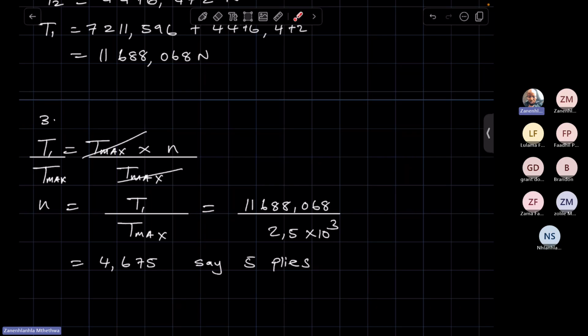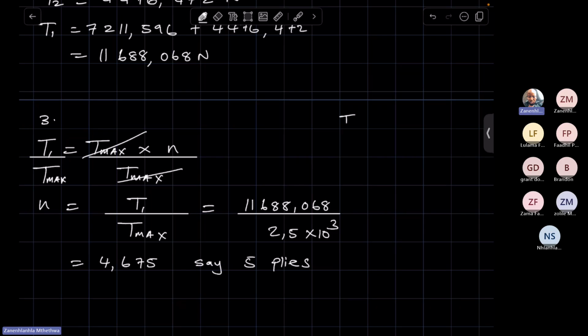So it is equal to Tmax, but it depends how Tmax has been expressed. Sometimes Tmax is expressed in terms of the maximum allowable stress.